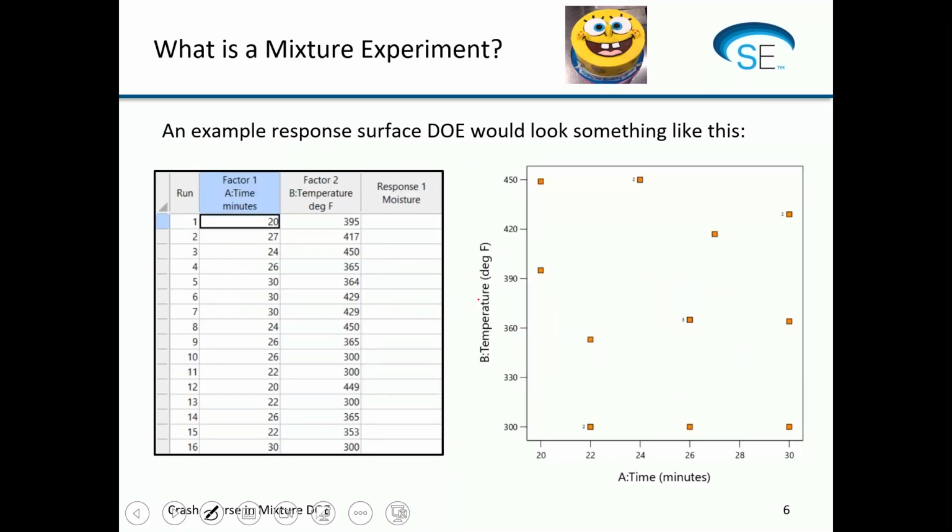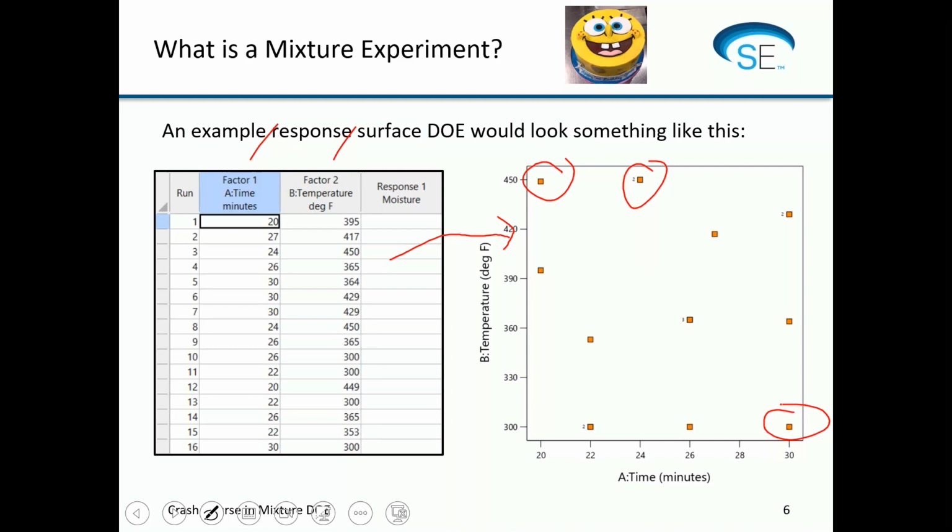So this is an example response surface DOE that you may have seen. It looks something like this, where you have a column for time, a column for temperature, and all these different combinations. If you plot these points graphically, you'll see that you're doing combinations, replicates, and combinations at the extremes.